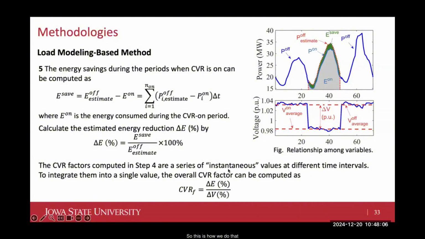So this is how we do that. Basically, I don't have too much time to go into the details, but the idea is simple. You try to identify the alpha, beta, gamma, which represent the load compositions of constant power, constant impedance, and constant current parts, and use that to get the CVR factor.